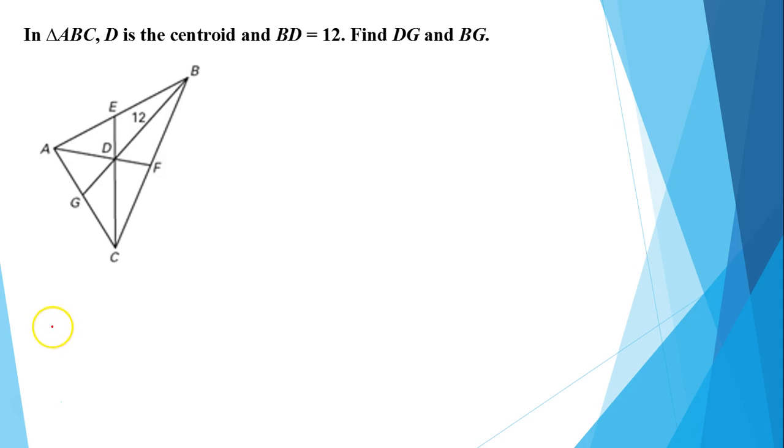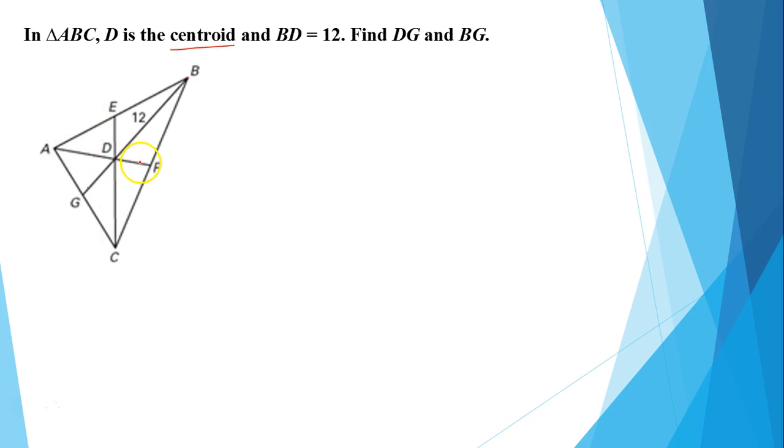All right, this is coming from section 5.4, where we learned about centroids of triangles and altitudes of triangles. Remember, the centroid is found by the intersection of all the medians in the triangle. So BG is a median, CE and AF.